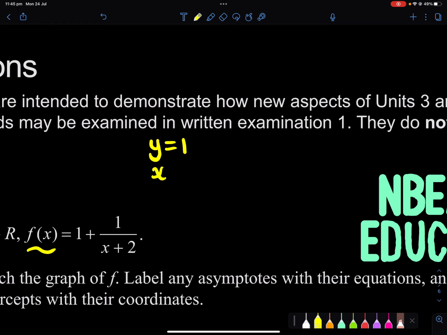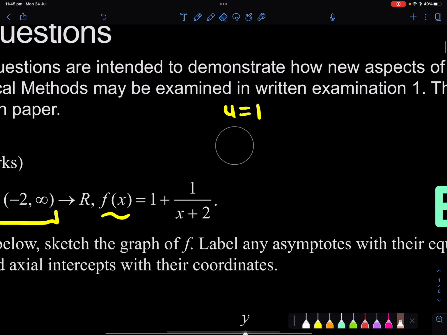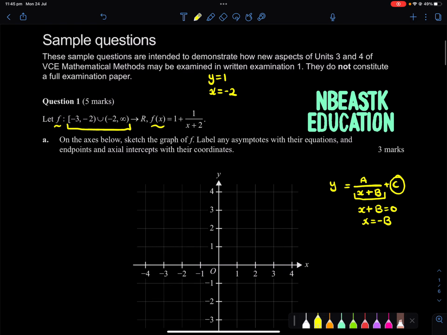But for this question, x plus 2 equals 0 gives x equals negative 2. This is our x asymptote. I'm just going to rub it out and write it nicely here. x equals negative 2. Perfect.